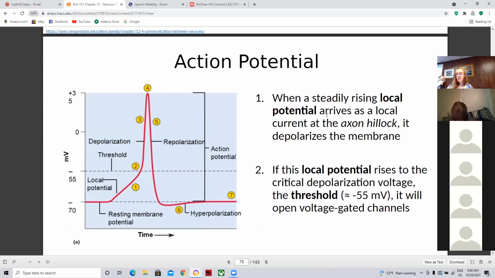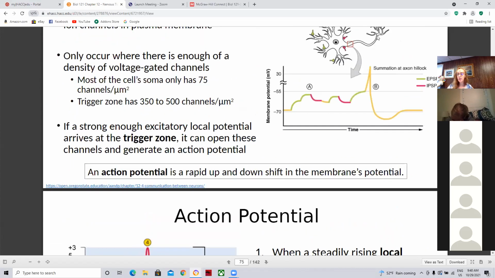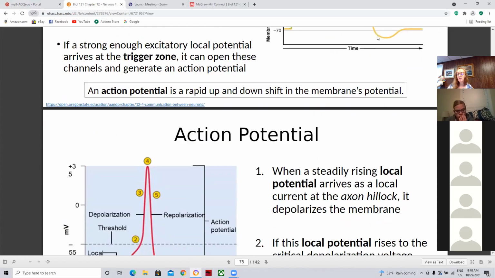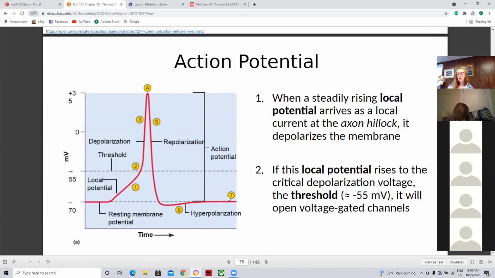So when a steadily rising local potential arrives as a local current at the axon hillock, remember that's this little area right here, it will depolarize the membrane. If the membrane rises to the critical depolarization voltage, the threshold of negative 55 millivolts, it's going to open voltage gated channels.